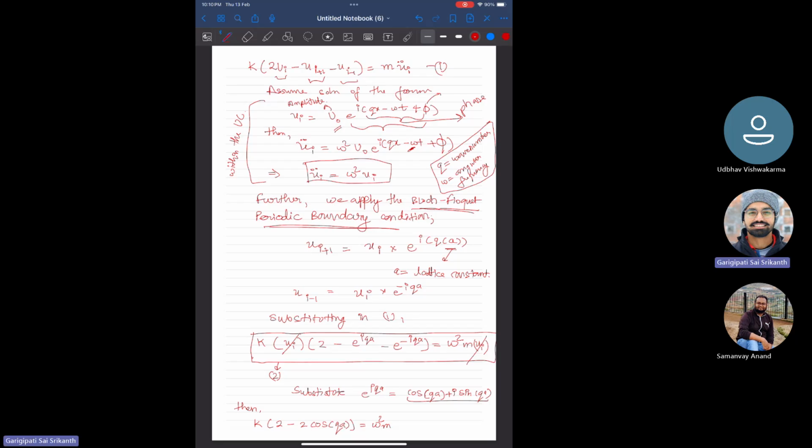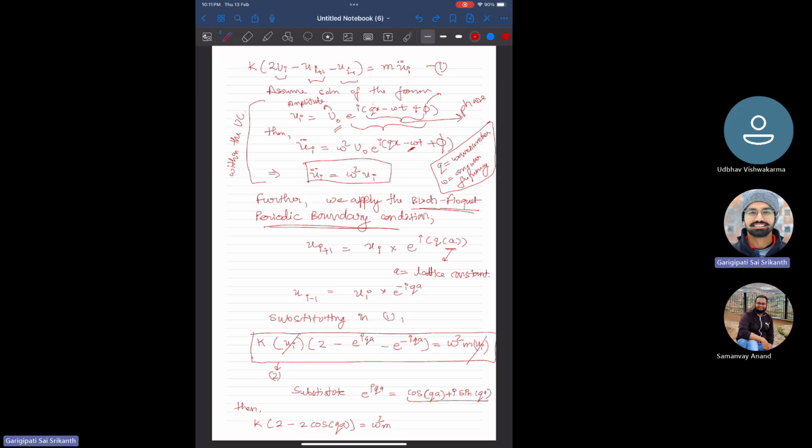So your Bloch-Floquet periodic boundary condition connects adjacent unit cells using a specific wave number. Whatever q that we used here, that q will be common for the adjacent unit cells as well.